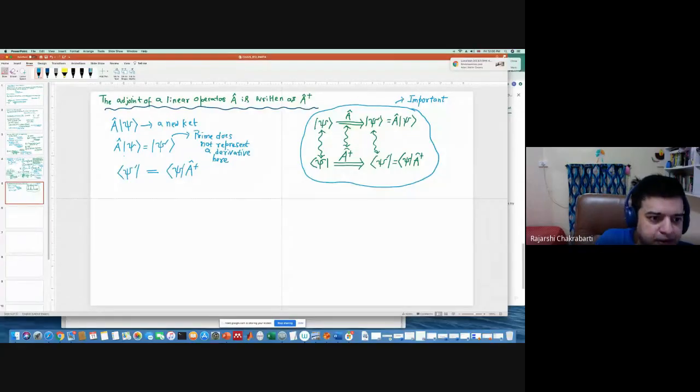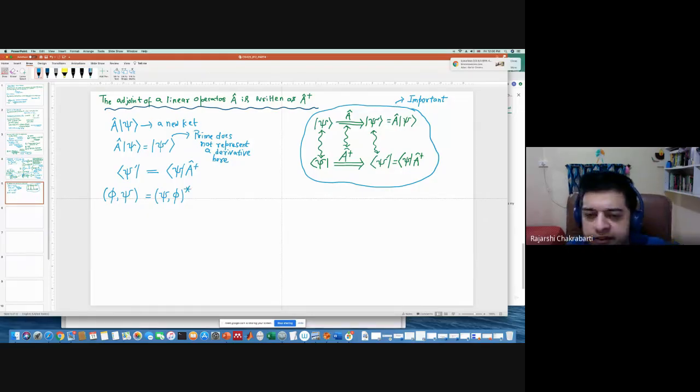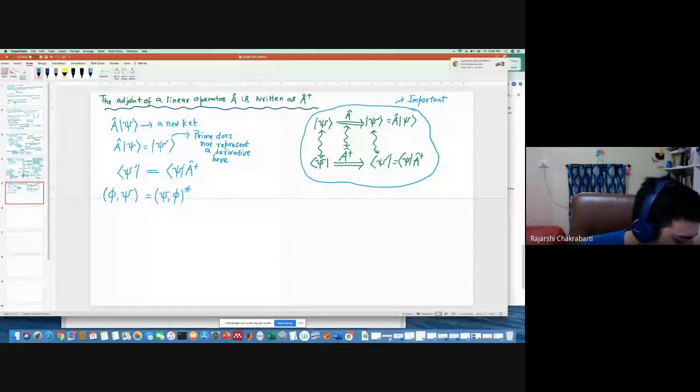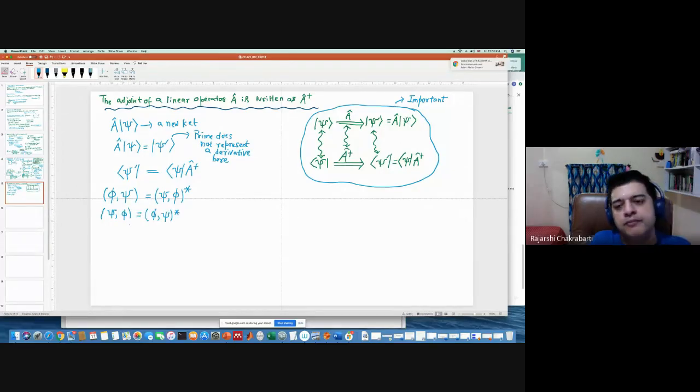So I go back to the last class. If I write phi comma psi, this is equivalent to saying psi comma phi whole star. How many of you remember this from the last class? Please unmute yourself. Yes. So can I rewrite this using bracket notation?